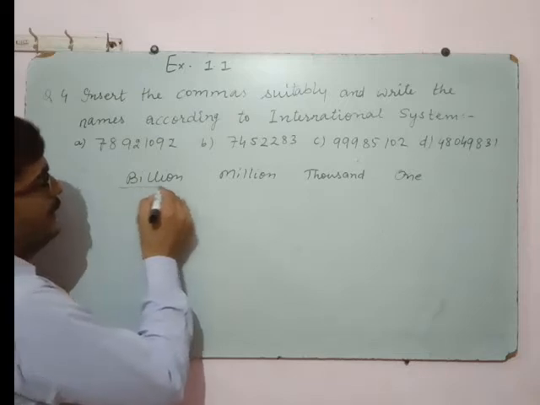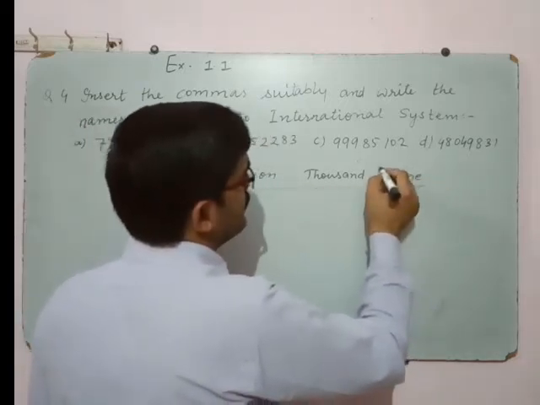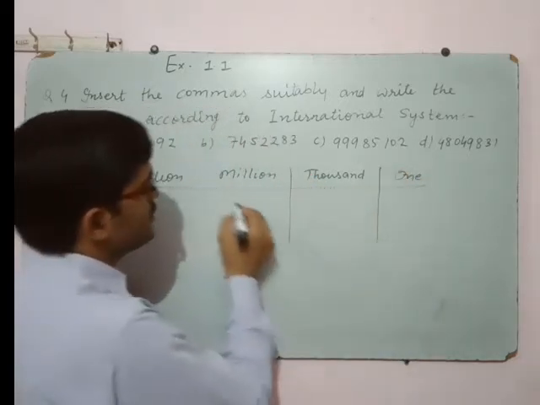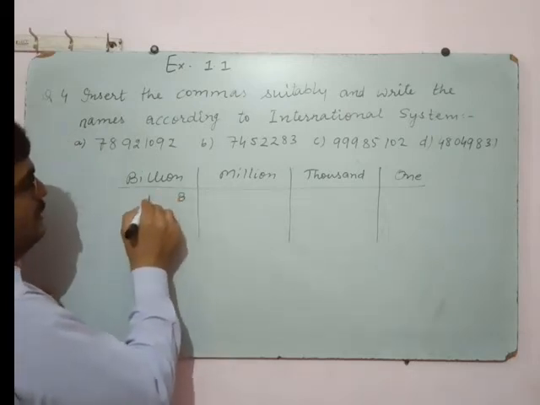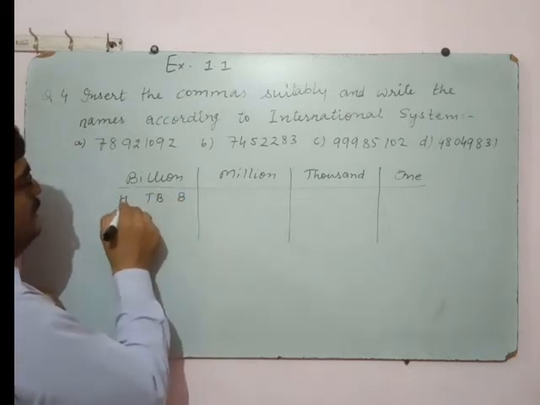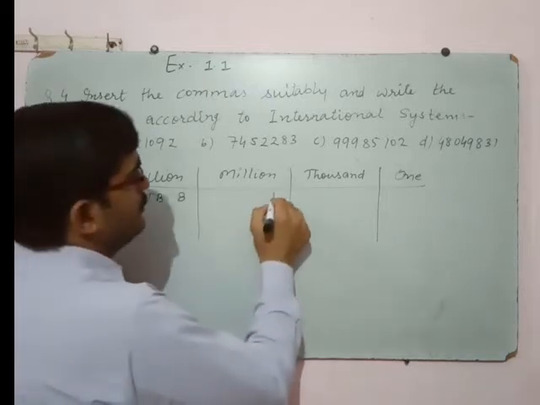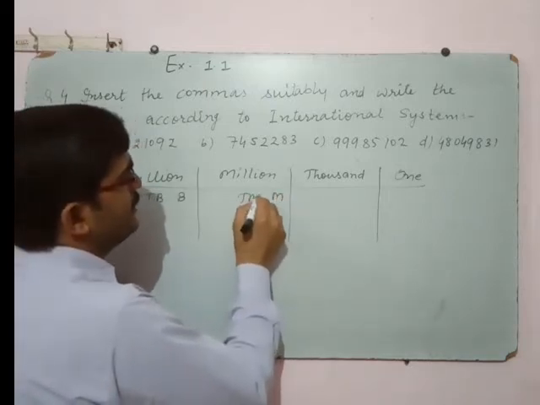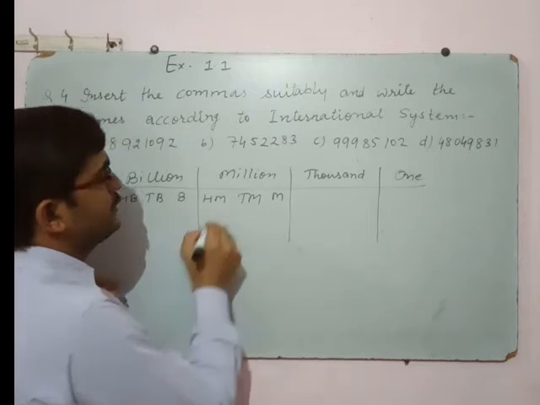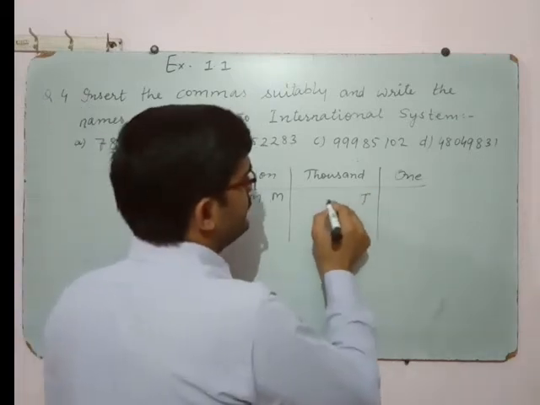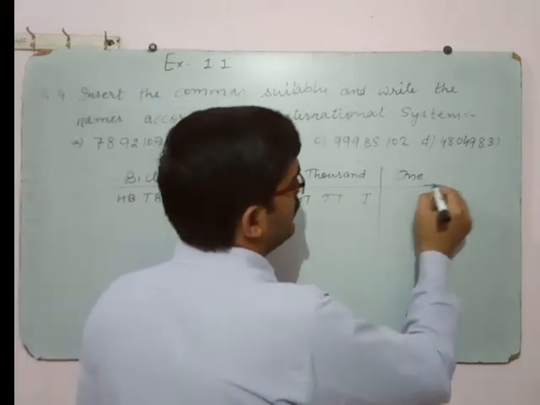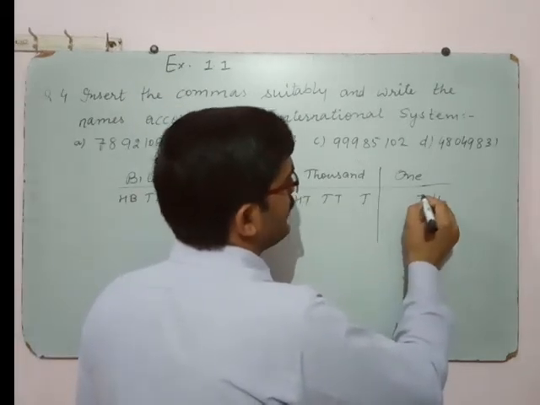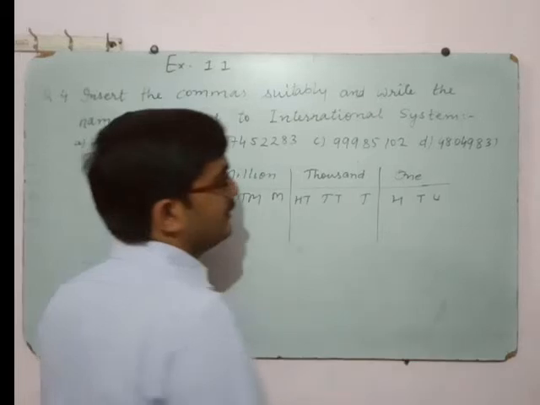Okay, in these periods there are three places in each period: billion, 10 billion, 100 billion. Million, 10 million, 100 million. Thousand, 10,000, 100,000. Unit place, tens place, 100 place.